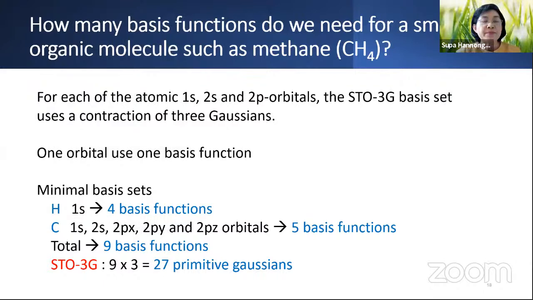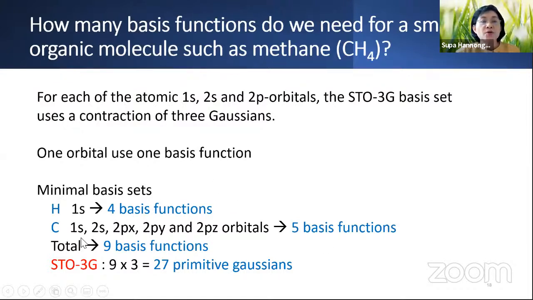And next, if we consider the carbon atom, you remember that the carbon atom itself consists of a 1s orbital, a 2s orbital, and p orbitals, which are 2px, 2py, and 2pz orbitals. And for carbon, therefore, there are 5 basis functions.